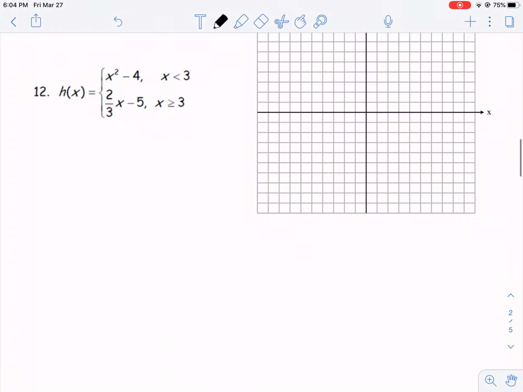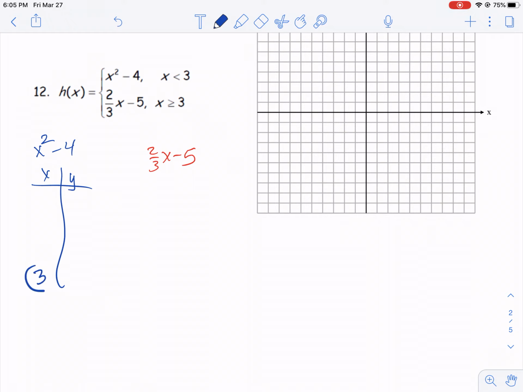All right, and the last one. So again, make a table for each one. Probably should do that a different color. All right, so it says for x values less than, no equal to, less than 3.